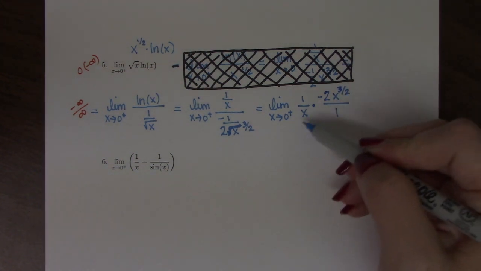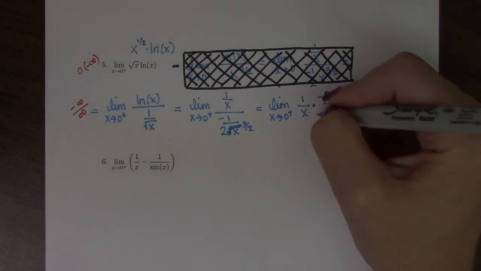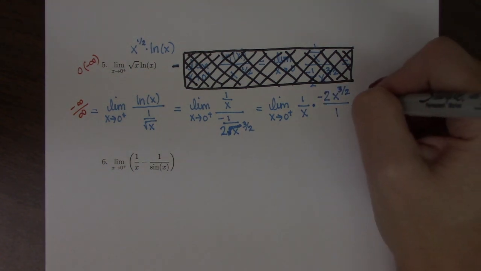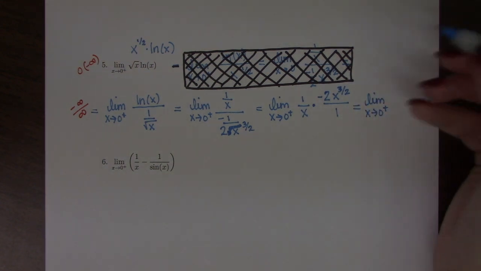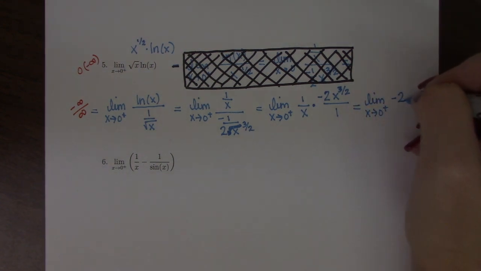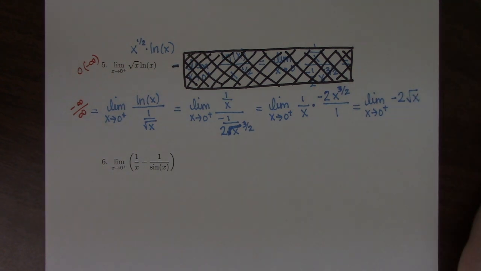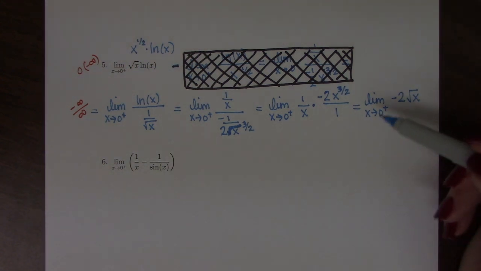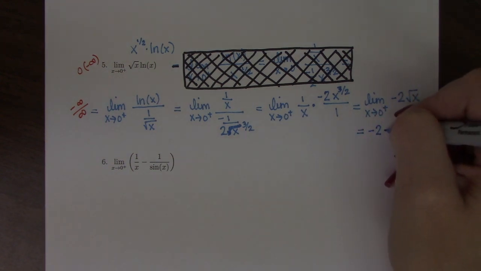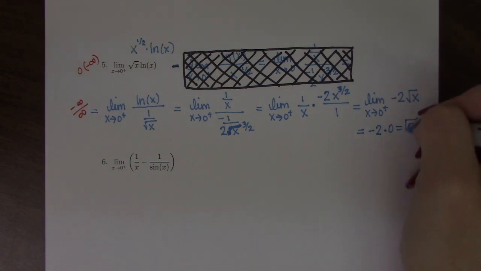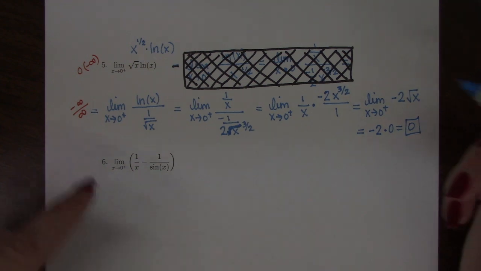Now I see that this will simplify, because I can cancel an x out of each of these, and now I have the limit as x goes to 0 from the right of negative 2 times the square root of x. Now, if I try to evaluate this at 0, I just get negative 2 times 0, which is 0.